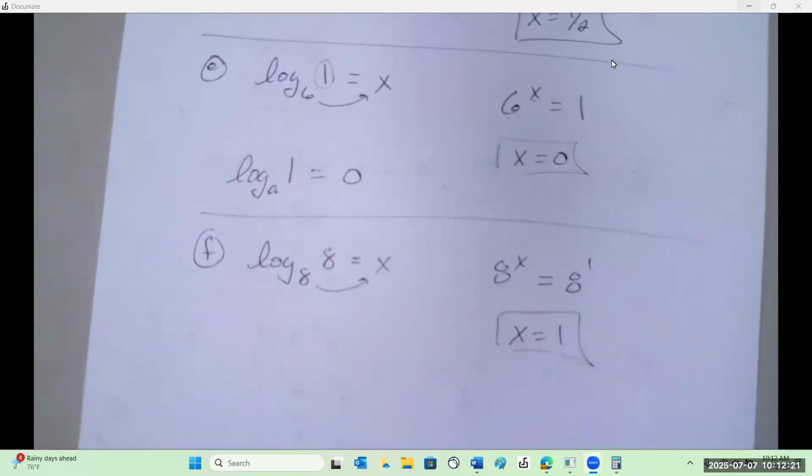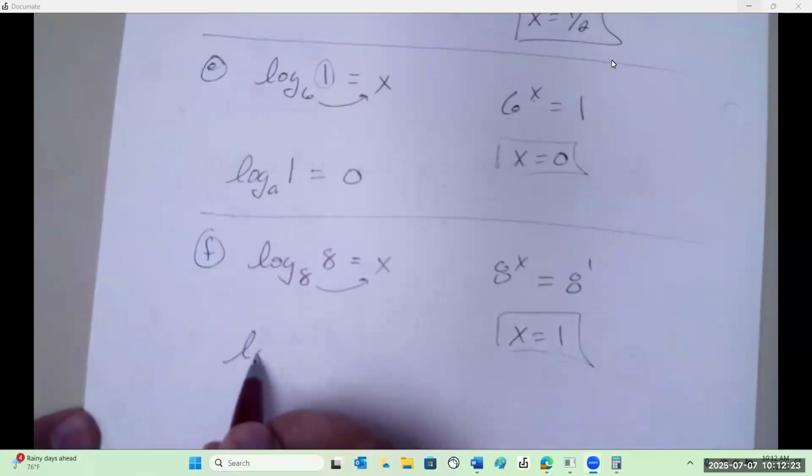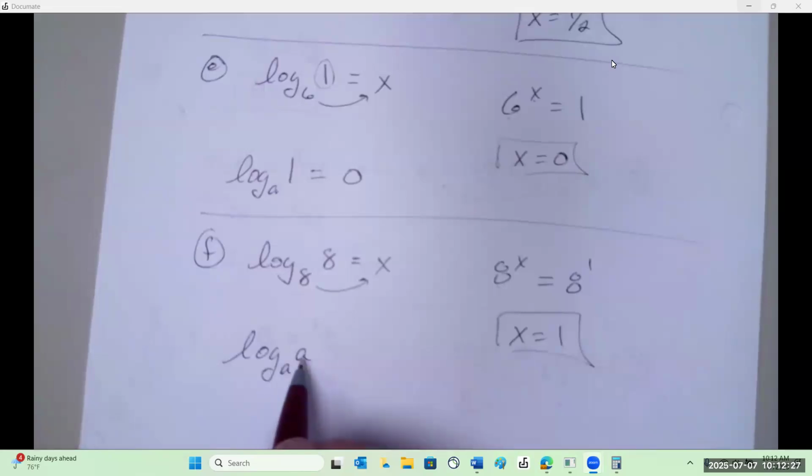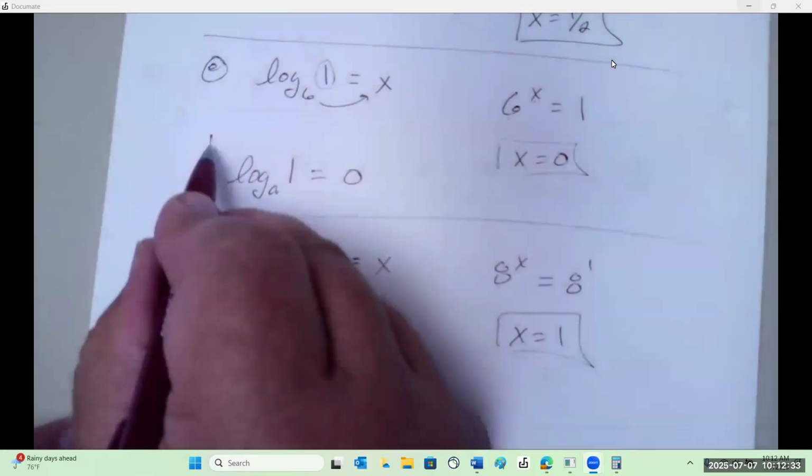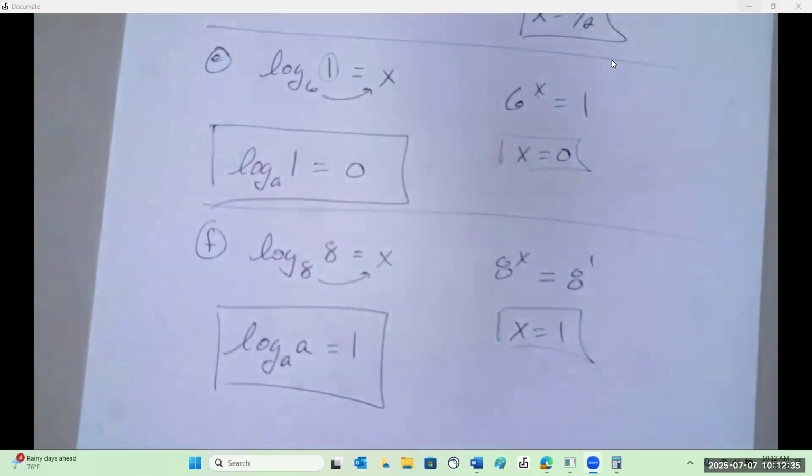Which gives us another property: log base a of a, if these two numbers are the same, it always equals 1. Those are two of our properties.